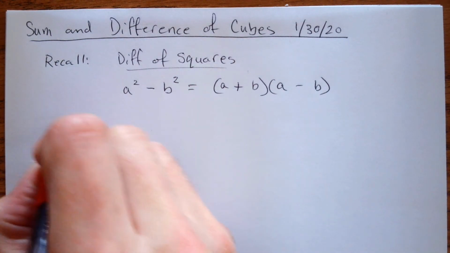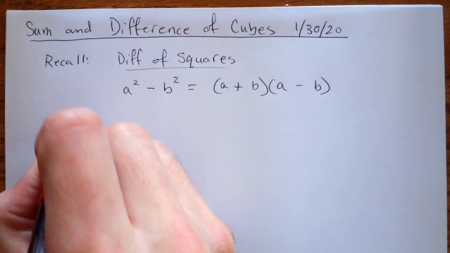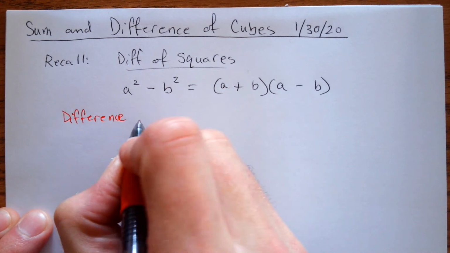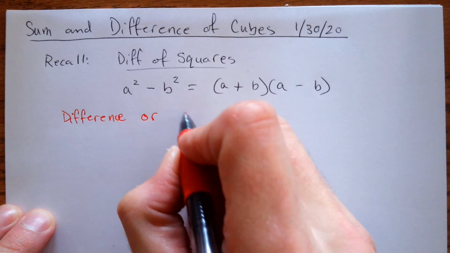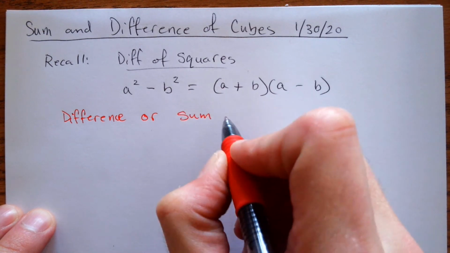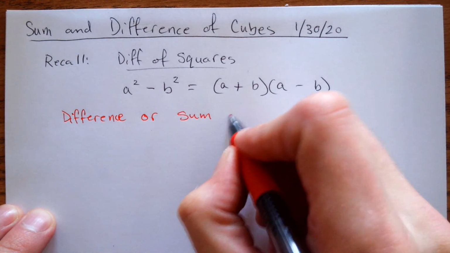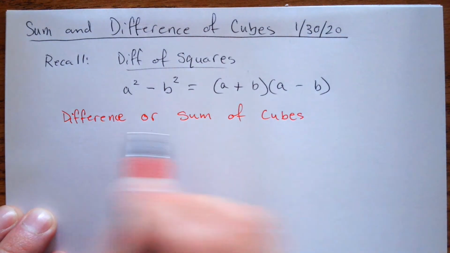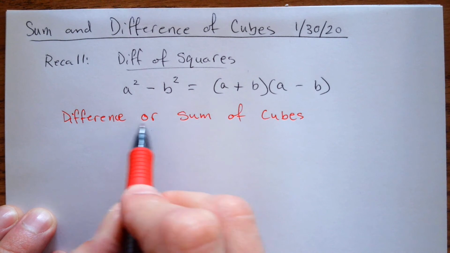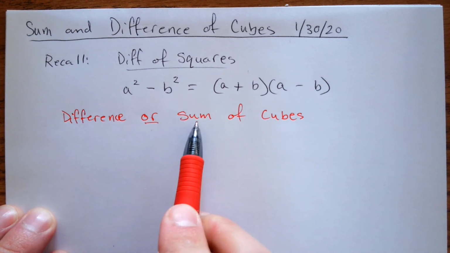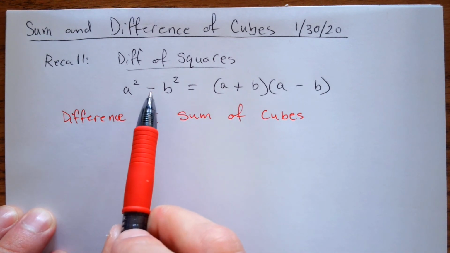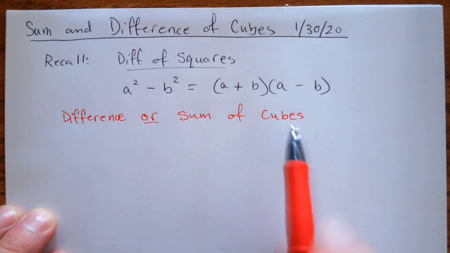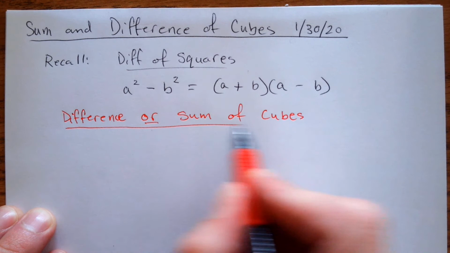So I'm going to say difference or sum of cubes. So the keyword is I can have either a difference or a sum, meaning this for actually cubes is also an important keyword, and I'll show you what I mean by that.